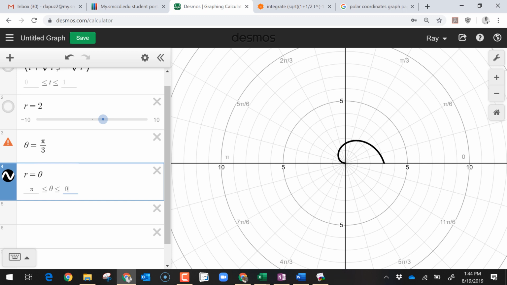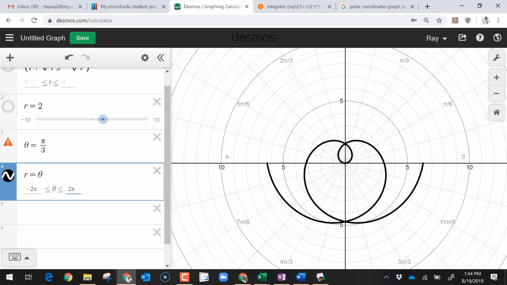So if you imagine that being drawn out in a negative direction, you're drawing your graph in the opposite of where you're facing. And so if we go from negative 2 pi to 2 pi, you get a cool looking picture. So you can figure out which one's the positive graph, which one's the negative graph.